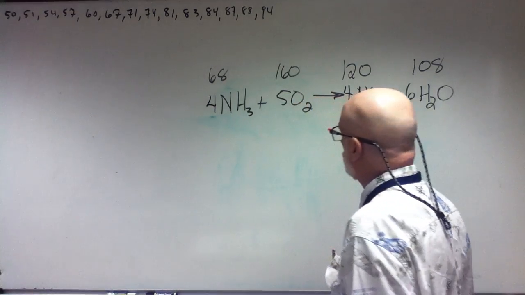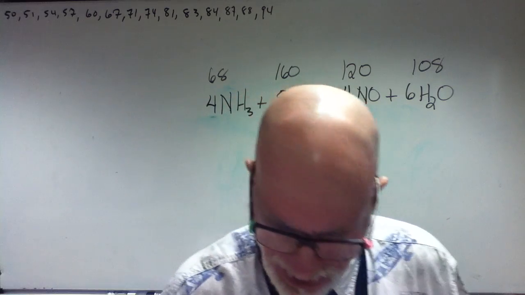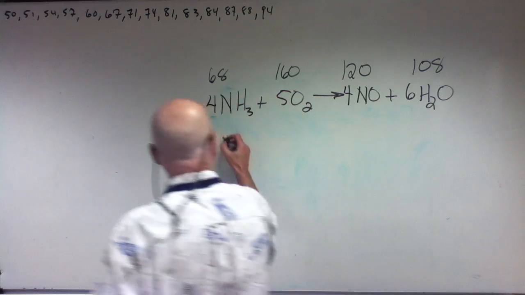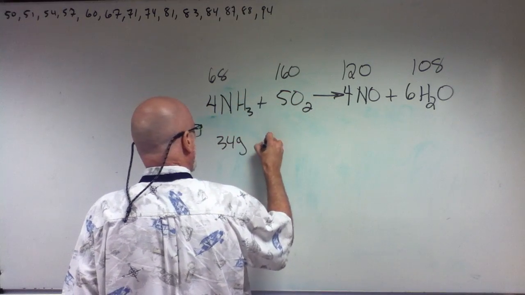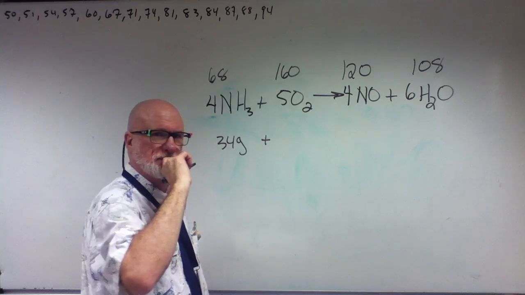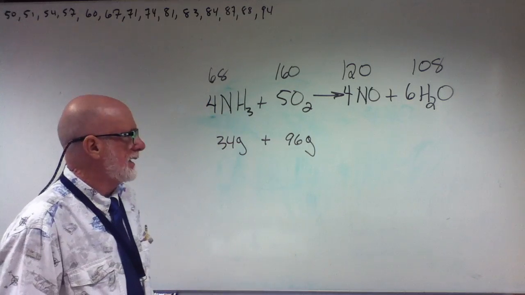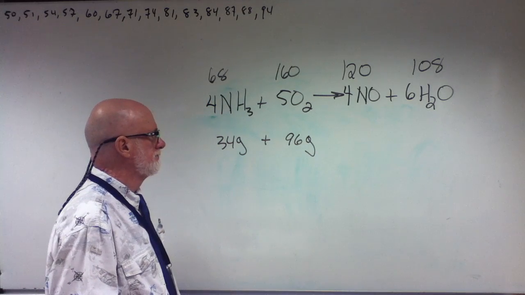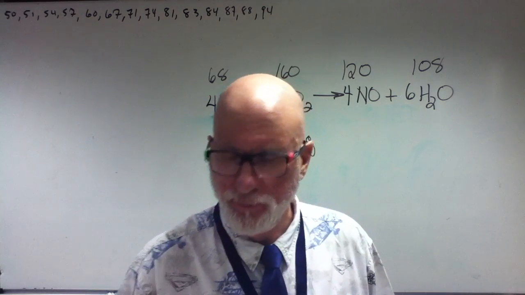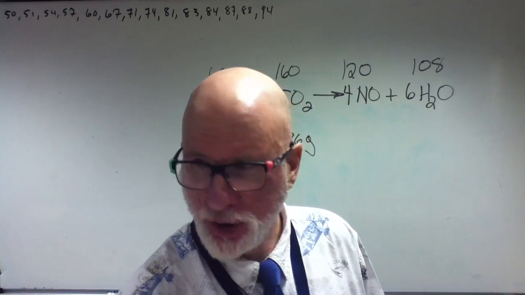Now, what does this say? The problem says, when 34 grams of ammonia reacts with 96 grams of oxygen, what is the partial pressure?